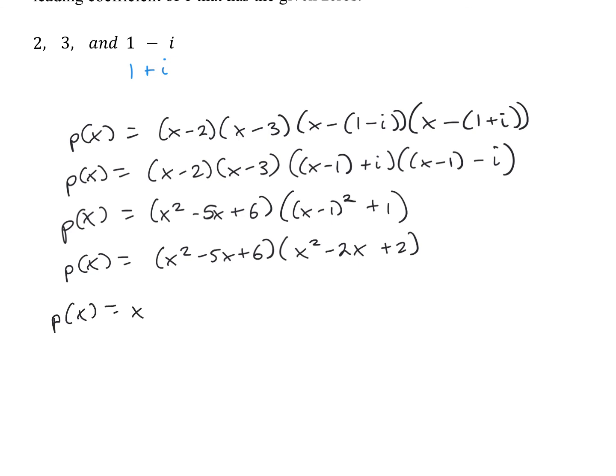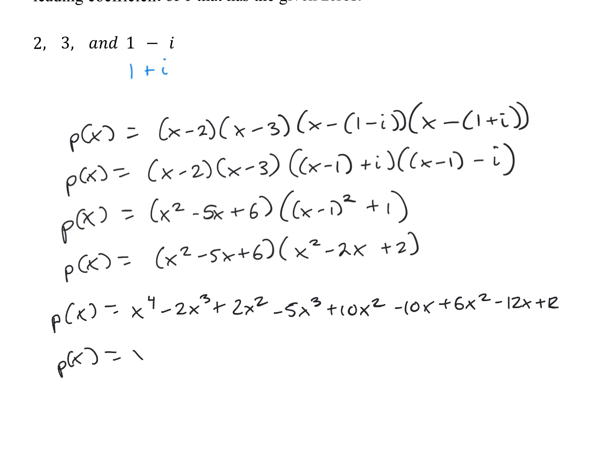So we have x to the 4th minus 2x cubed plus 2x squared minus 5x cubed plus 10x squared minus 10x plus 6x squared minus 12x plus 12. And then here, when we combine like terms, we should end up with x to the 4th minus 7x cubed plus 18x squared, and then minus 22x plus 12.